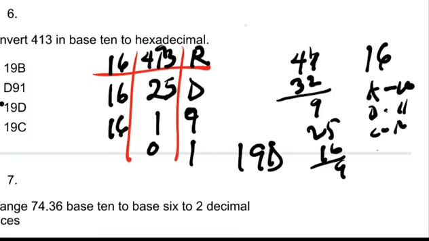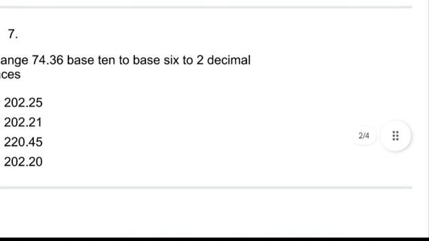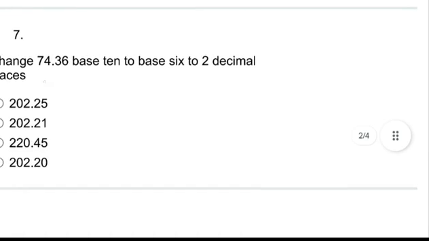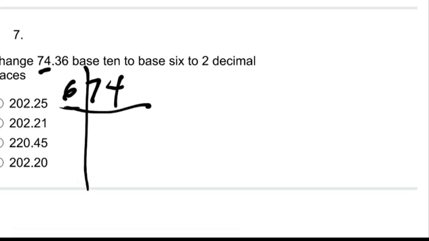So the next one, we have to change this in base 10 to base 6 to 2 decimal places. So the first part, we'll change the whole part. We'll start with the whole part here, which is 74 to base 6. So we have 74 here, then to base 6.